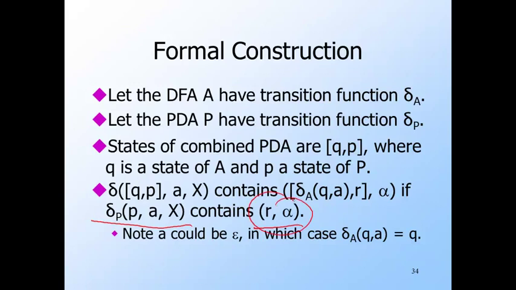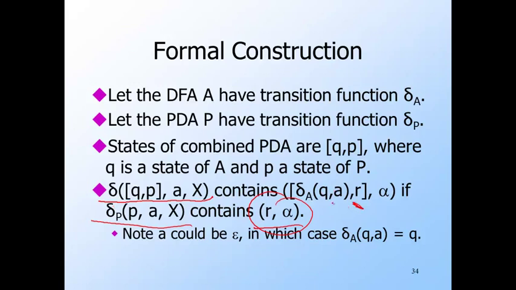That's the move. Then the new PDA, whose transition function we call simply delta, given a state with P as the second component, input A, and stack symbol X, that's this, has a choice of move where the new state has second component R.